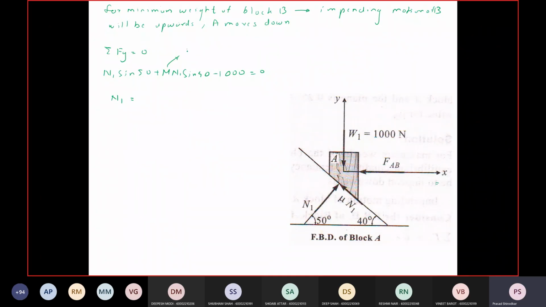Mu will be tan 20. And summation Fx is equal to 0. So N1 cos 50 minus mu N1 cos 40 minus F_AB is equal to 0. So F_AB is the force in that horizontal member. Horizontal rod.